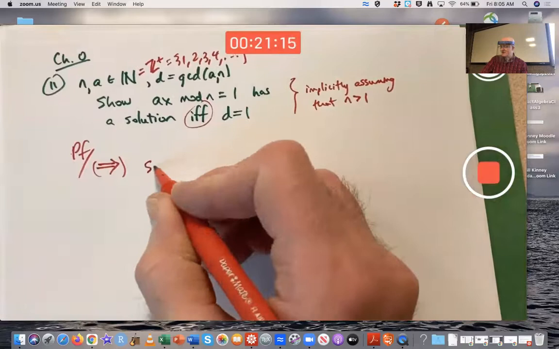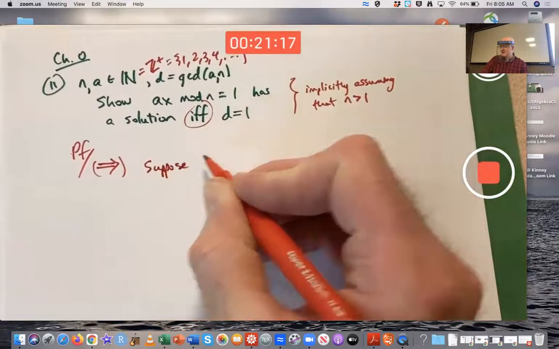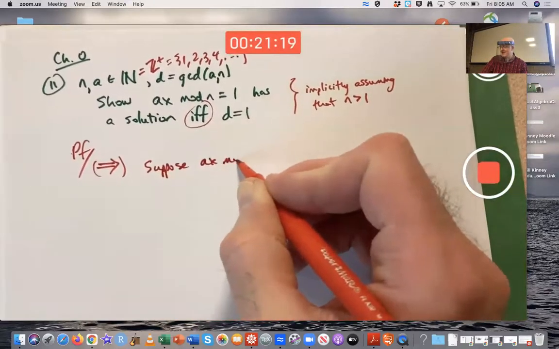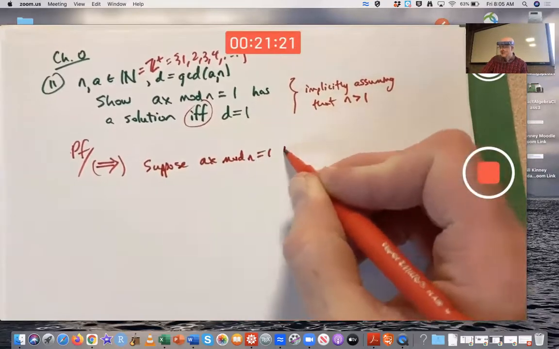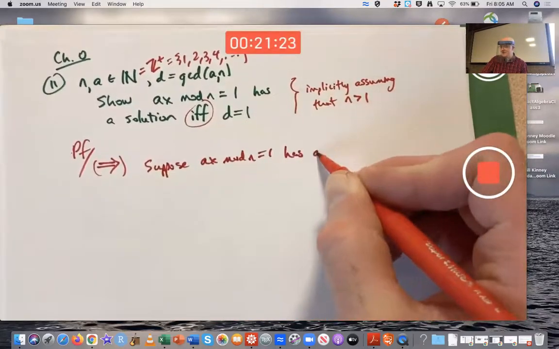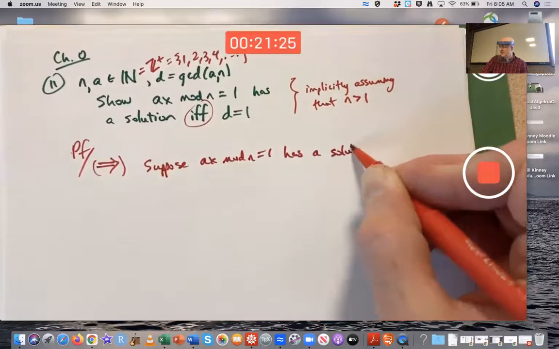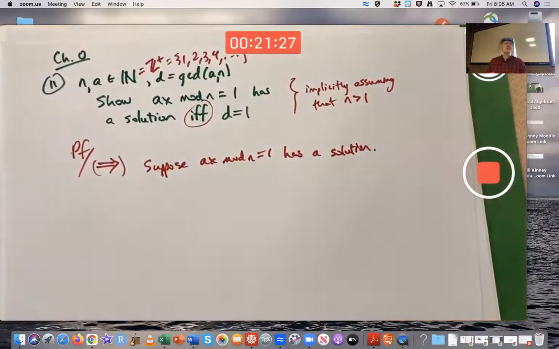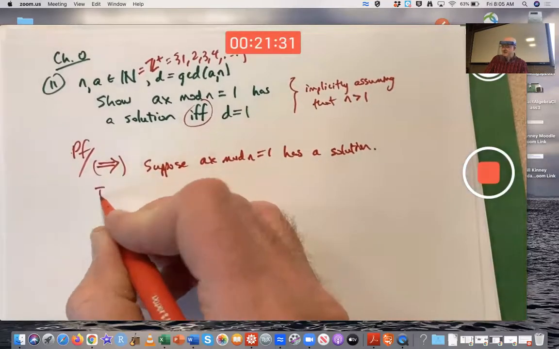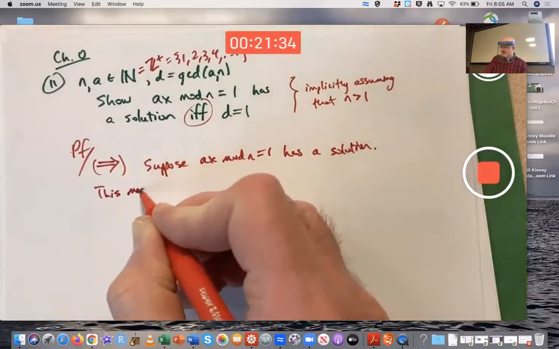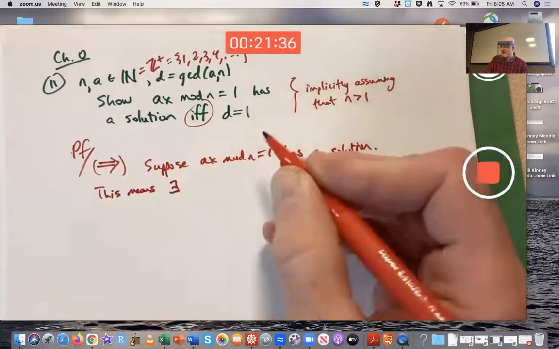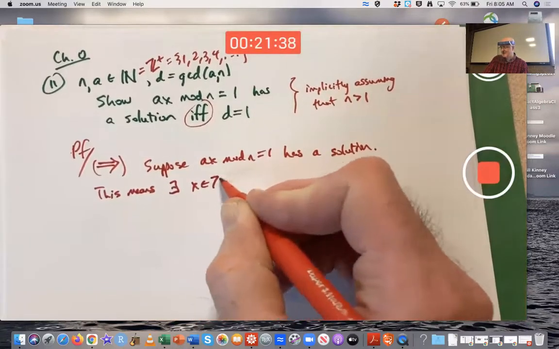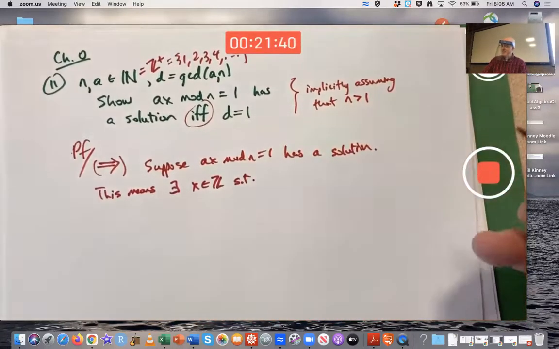So suppose ax mod n equals 1 has a solution. You need to tease out what that means, first of all. This means there exists an x in Z such that, can you finish it for me?